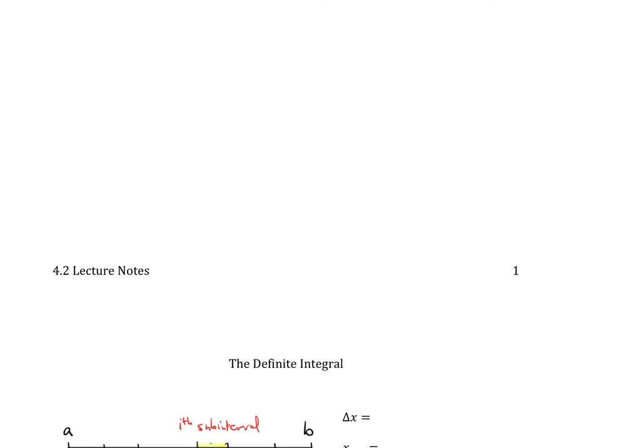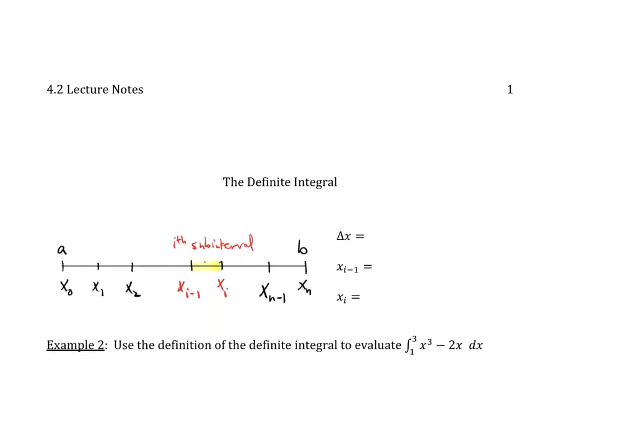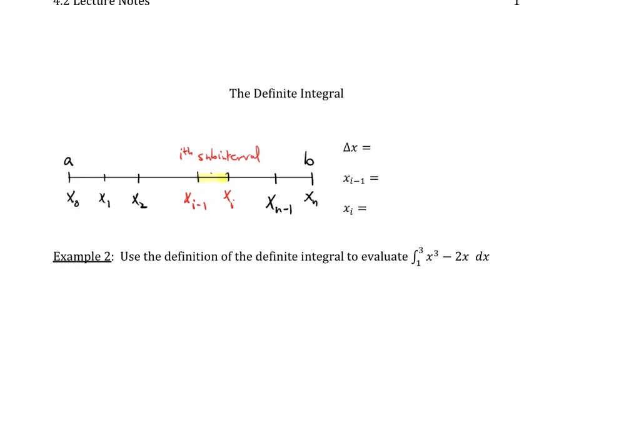I want to scroll down here and look at what I've written above example 2. So let's unpack this for a little bit. This interval going from a to b, this is our region of integration. And remember, last time we talked about creating a regular partition.